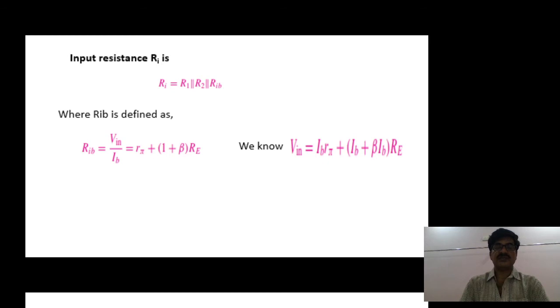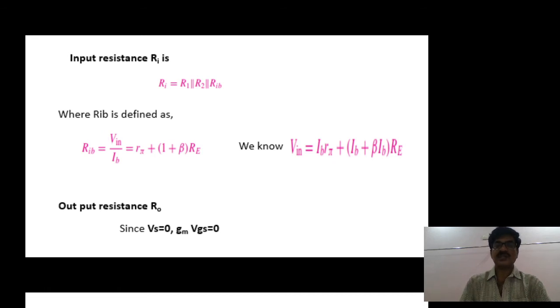This is the RIB. Then coming to output resistance, the output resistance is the same. To find the output resistance, Vs should be 0, therefore gm Vgs equals 0, hence at the output you have only the RC component.